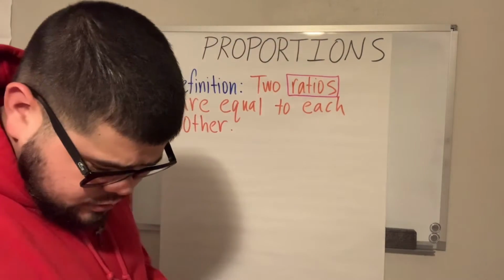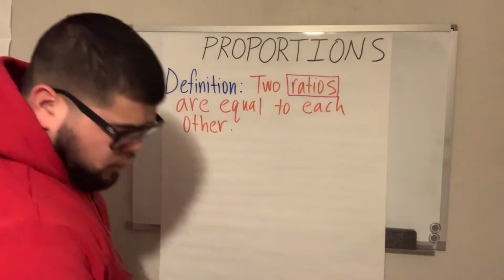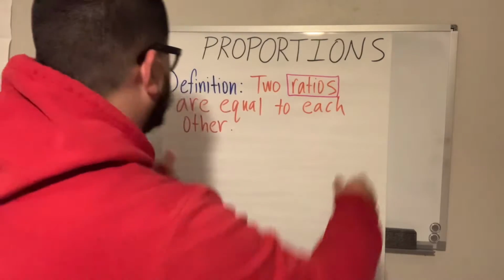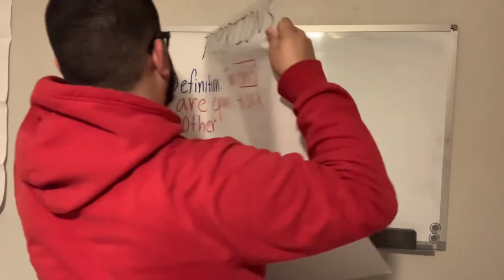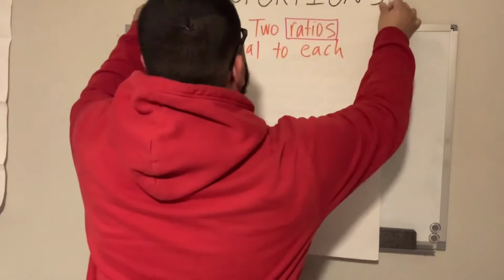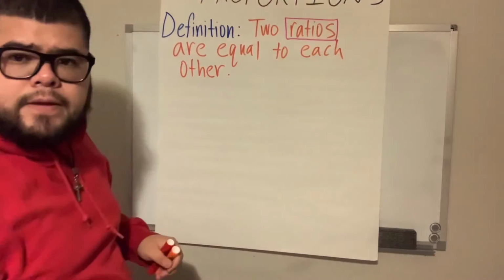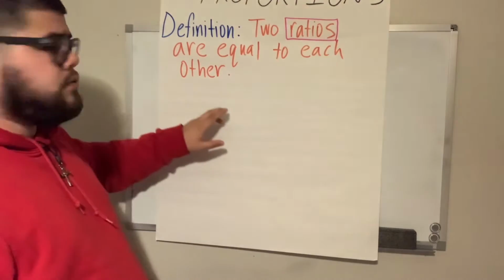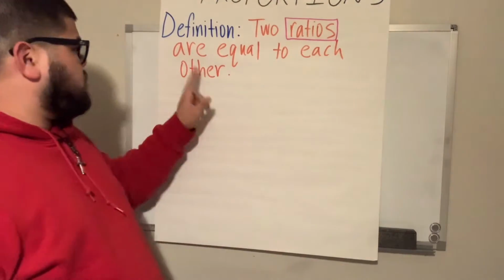Let me go ahead and use another color. You can also say, oh, actually, you know what? Let me bring this up a little bit. Put that up here. So the definition of proportions: when two ratios are equal to each other, okay?